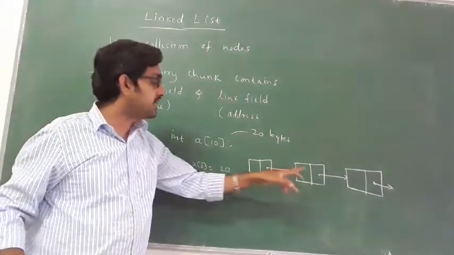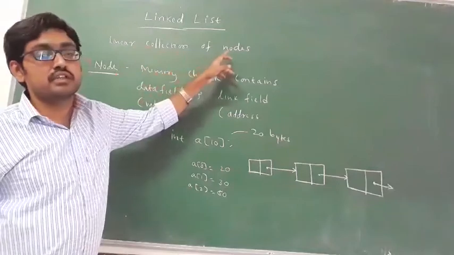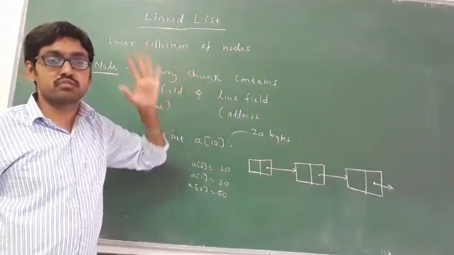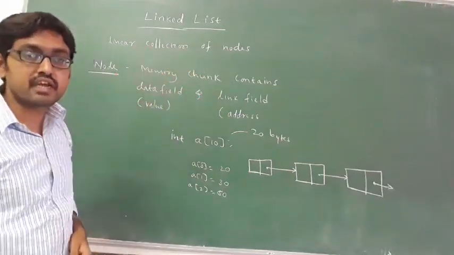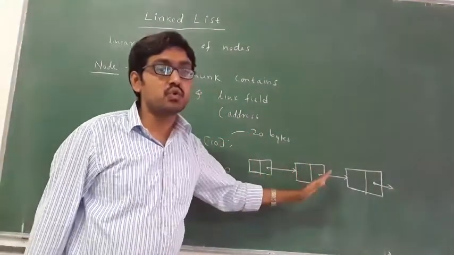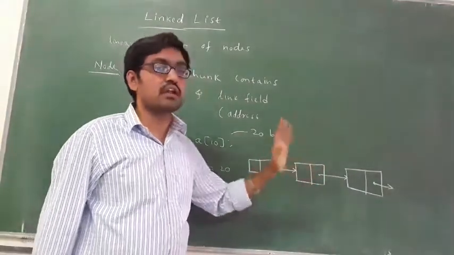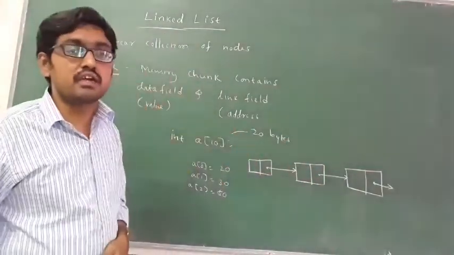These are 3 nodes I am using in this. These are a linear collection of nodes in which one node can be connected to another node. That is called a linked list.